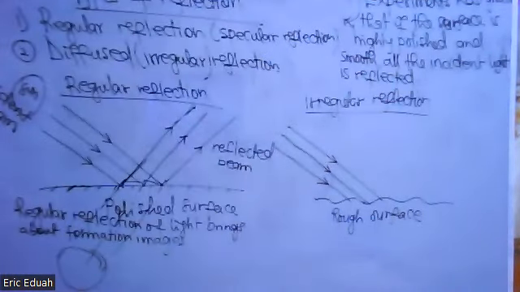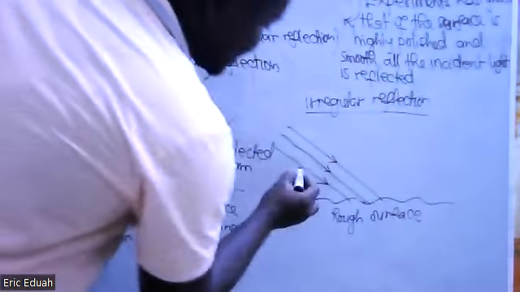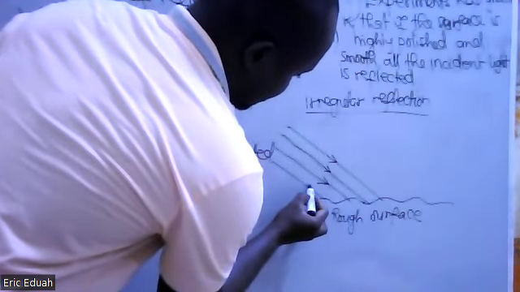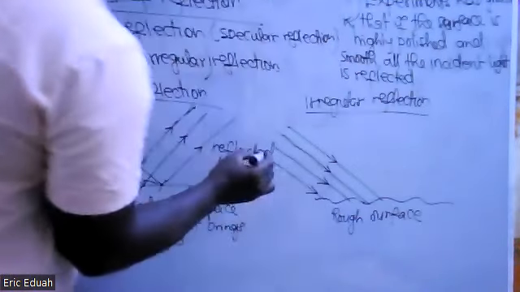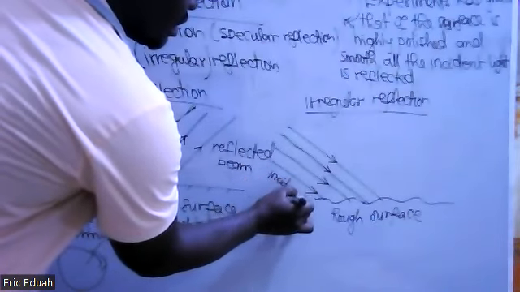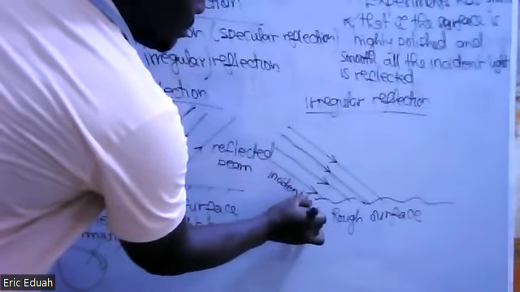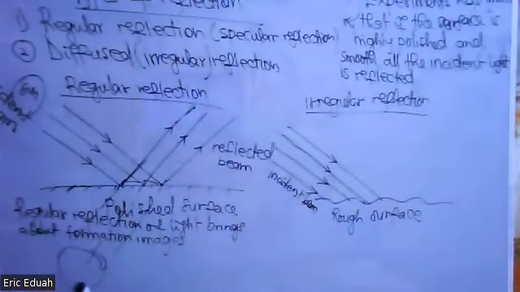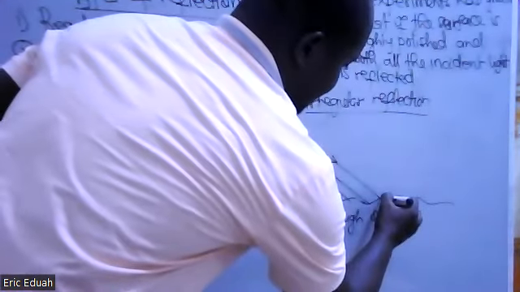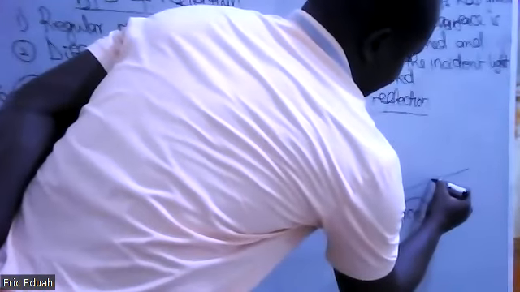But because the surface is rough, here we have the incident beam that is orderly, and the reflected rays or beam are scattered.